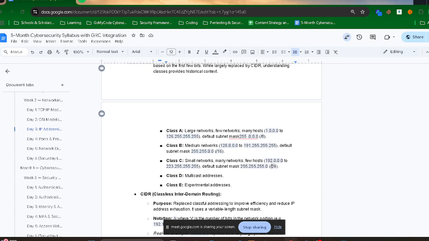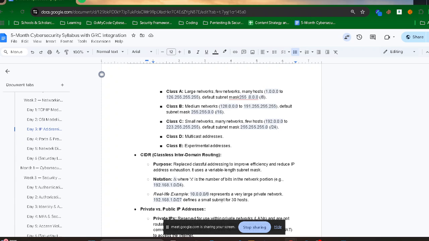So slash 24, like we said, is the number of ones that are on the subnet, right?